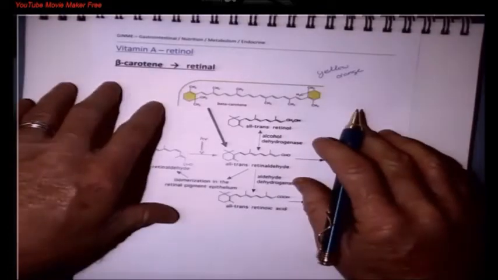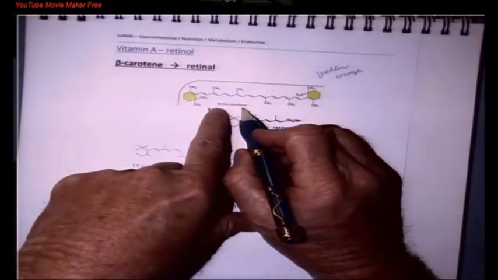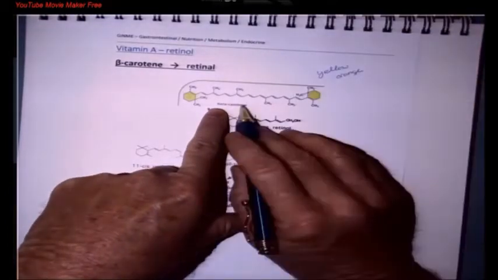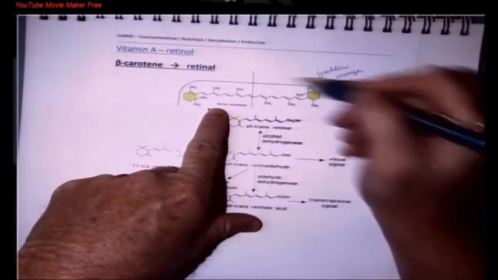So beta-carotene is simply a dimeric structure of vitamin A. So what we need to do is take our beta-carotene and cut this molecule in half. And what we get are two molecules of vitamin A. When we cut this molecule in half, we get two molecules of retinaldehyde.